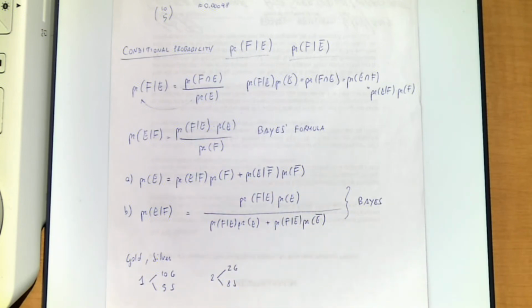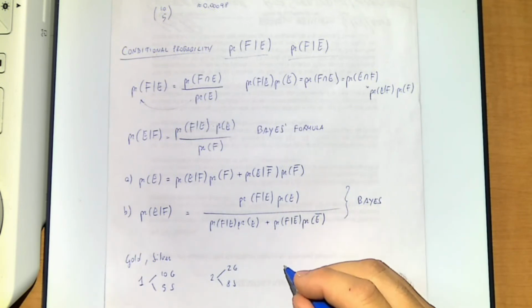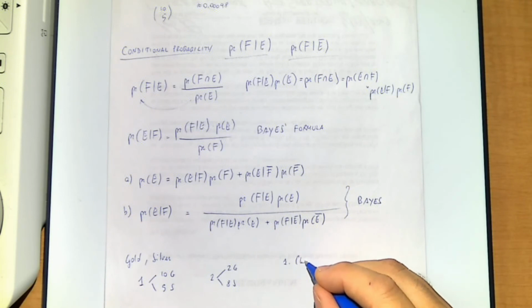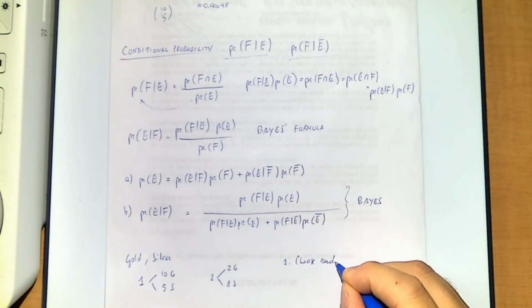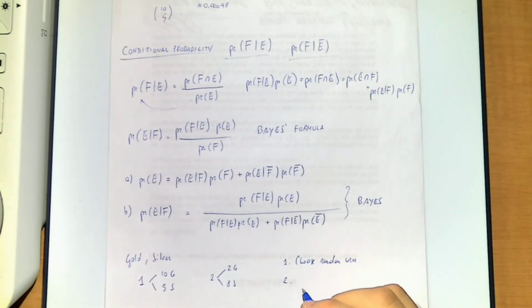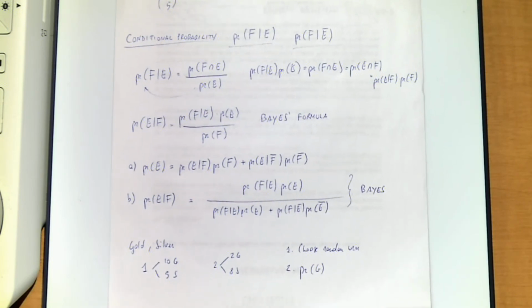What happens if I first choose a random urn, and then pick a coin? What is the probability of getting a gold coin? Clearly in the first urn I have a good probability of getting gold, in the second one not very good. So in total, what's my chance?